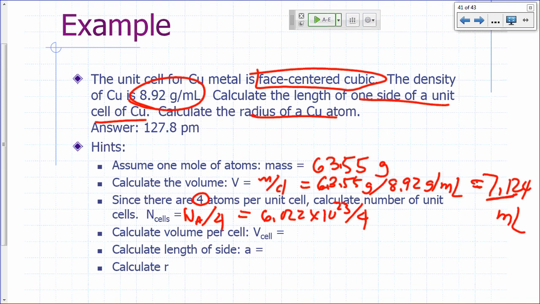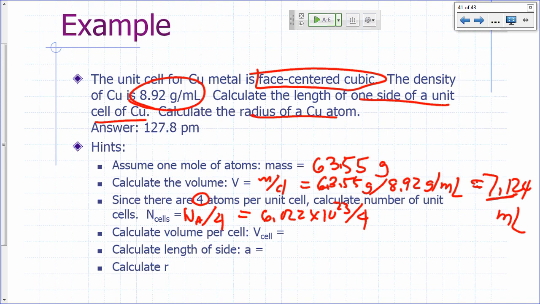So what's the volume of a unit cell? You have the total volume, you have the number of unit cells. You divide the total volume by the number of unit cells.